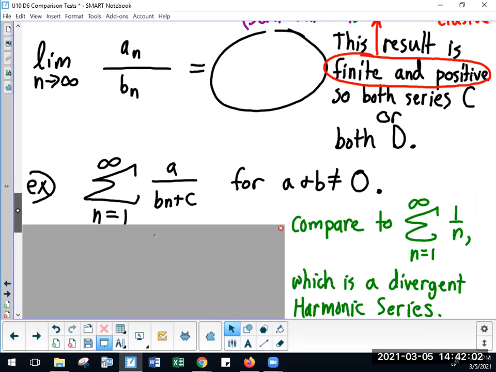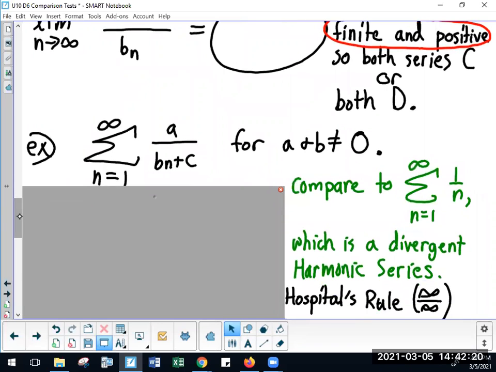We're going to use that knowledge to check our work, to say, okay, we did this right, or nope, we didn't do that right. So we're going to compare this to a divergent harmonic series.